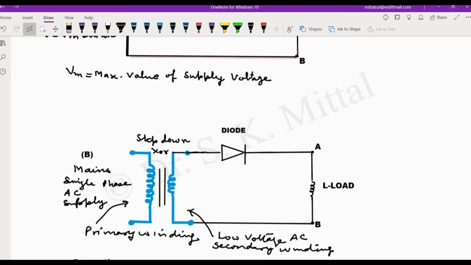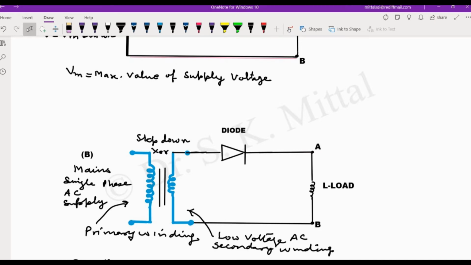Now, if low voltage AC is obtained at the secondary of the step down transformer, then this supply is directly connected to rectifier.